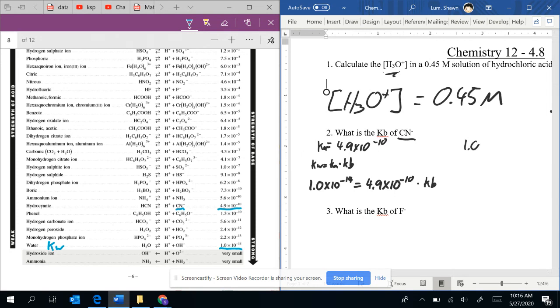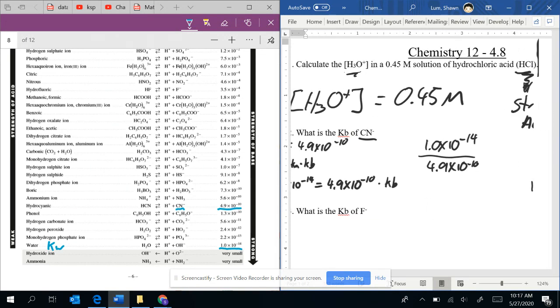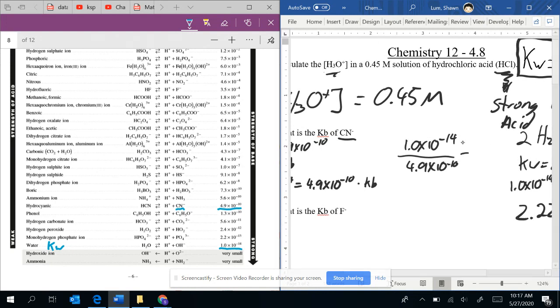So it'll be 1.0 times 10 to the negative 14 over 4.9 times 10 to the negative 10, and that equals Kb, since dividing both sides gets rid of the 4.9 and we're just left with Kb. In other words, if you want to rearrange your formula, you can just remember that Kb is equal to Kw over Ka.